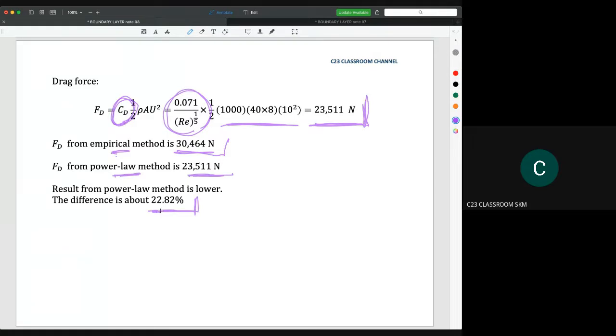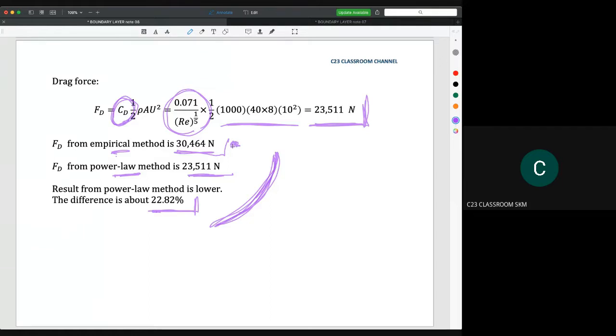So the thickness of the boundary layer can be accepted, it's still in the acceptable range, but the drag force gives us a big difference, almost a quarter error. So here we could show that the empirical method is actually more accurate than the power law method, because normally if we compare with the experimental value, the value will be near to the empirical method.